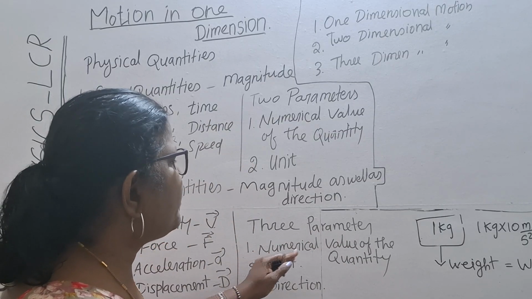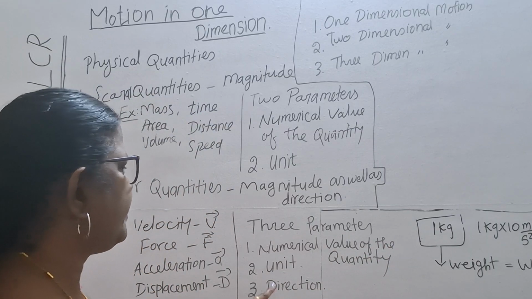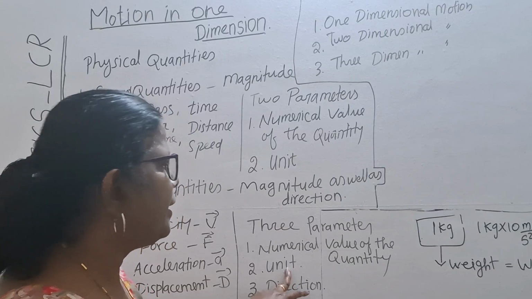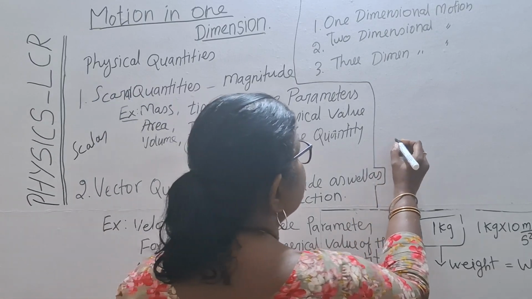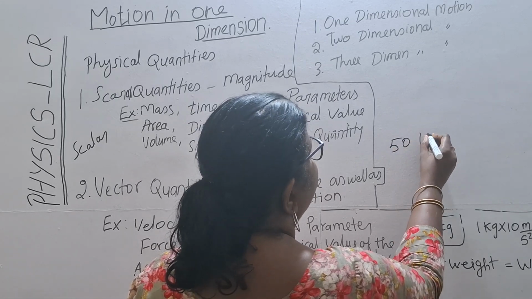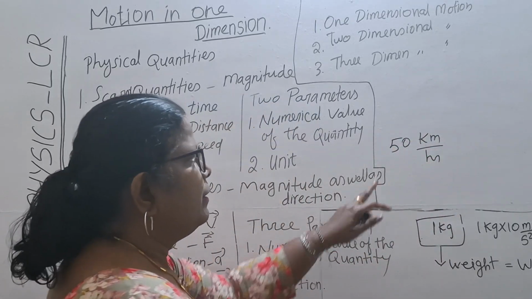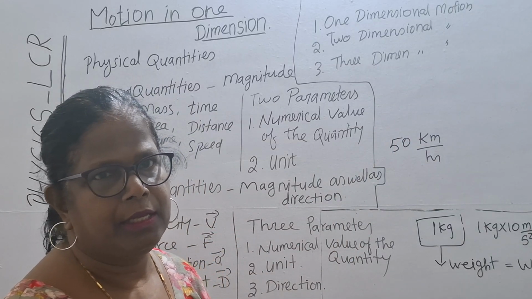The numerical value of the quantity, the second one is unit, and the next one is direction. I said 50 kilometer per hour. This is the numerical value along with the unit.